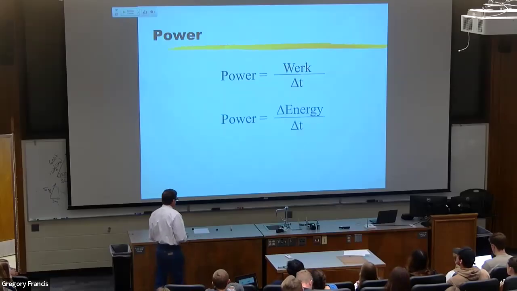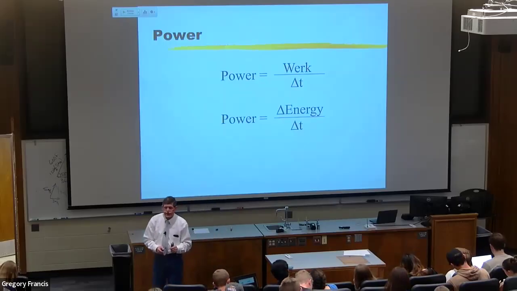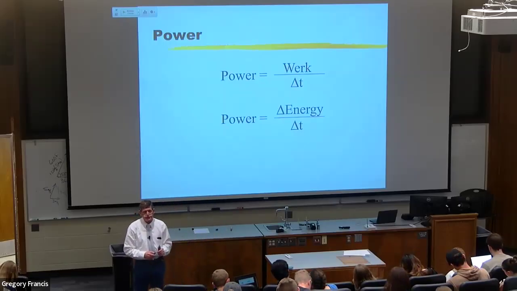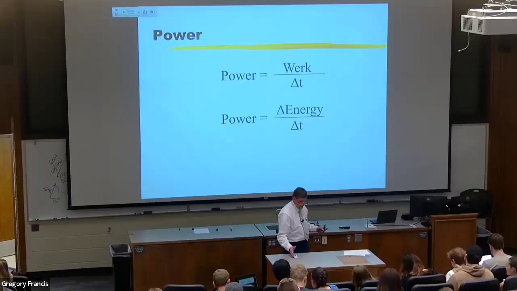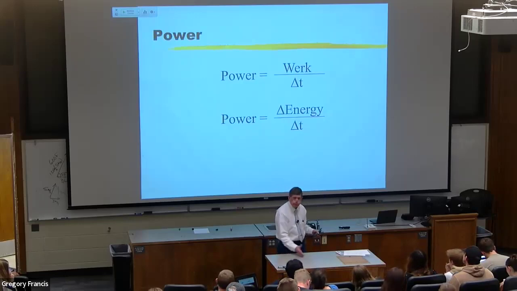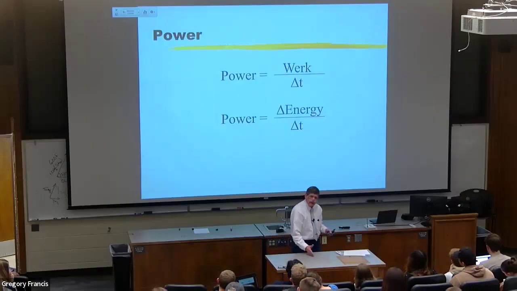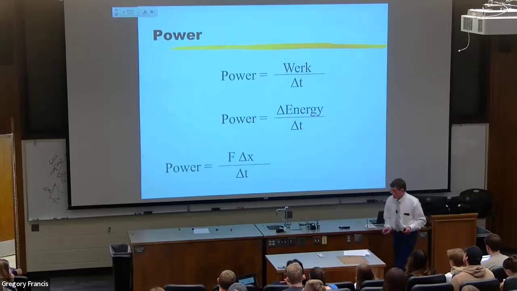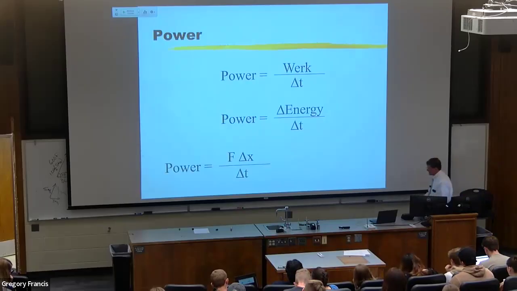Now, because work is what changes energy, you can also write it as the change in energy that happens in 1 second. Now, there's a special case where you're pushing something across a table at constant velocity. There's obviously friction there because if you were pushing on a frictionless table, it'd be speeding up. But if you're pushing on a table with friction such that it's moving at constant velocity, we can write it this way. Work is just force times the displacement, delta x.